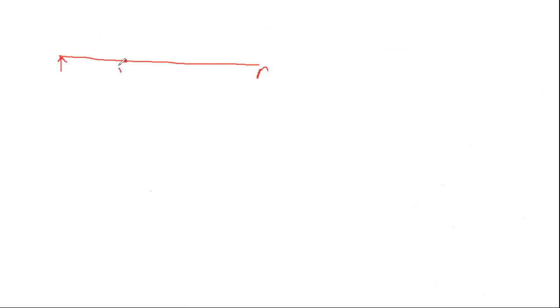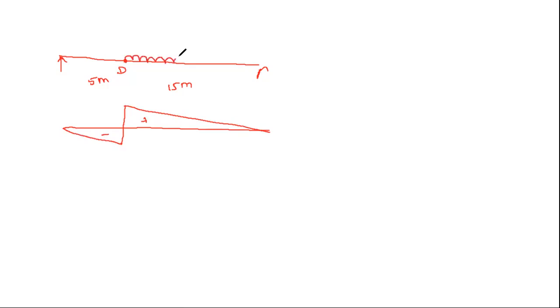So this is the point D. So 5 meter and this one is 15 meter. And we know that the shear force diagram will be like this. So this is negative and positive. So when the tail of the load is here, we will obtain the maximum positive shear force.